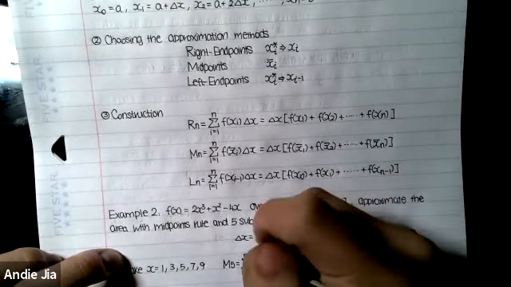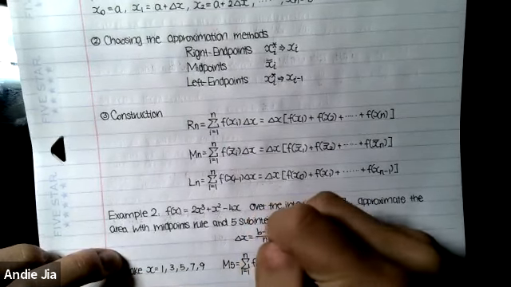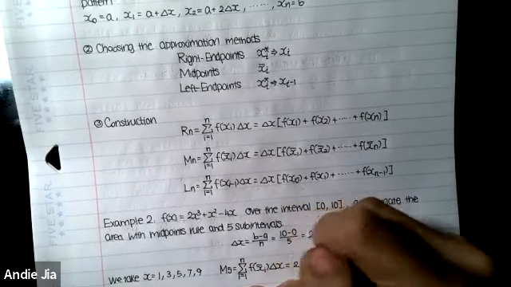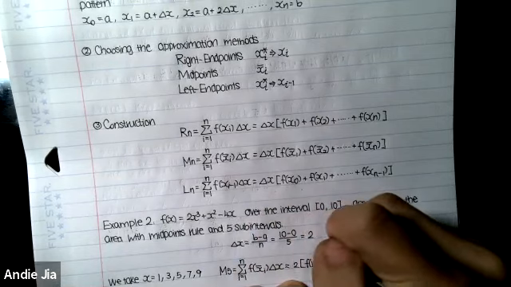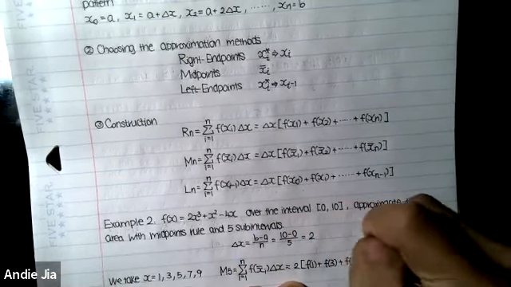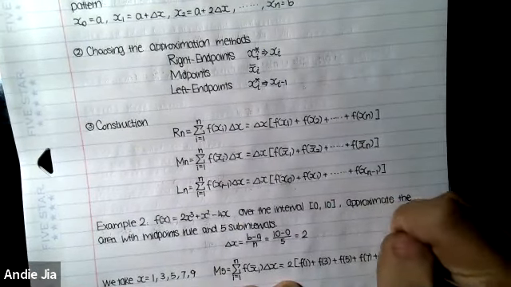It's the sum of f of x_i delta x, which is 2 times f(1) plus f(3) plus f(5) plus f(7) plus f(9).